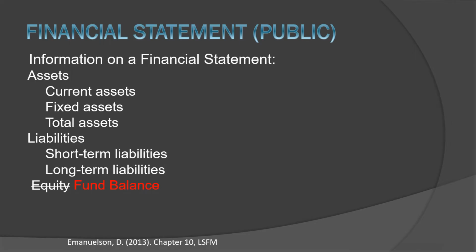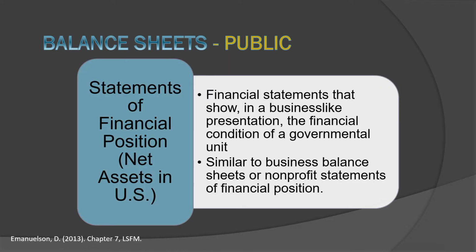And then we have, again, for government, for public, they also have a statement of financial position. And it's again very similar, except it's not called equity, it's a fund balance. So the statement of financial position is a reflection between the assets and liabilities, and it's a reflection of the wealth of the government entity, like the province or the city.